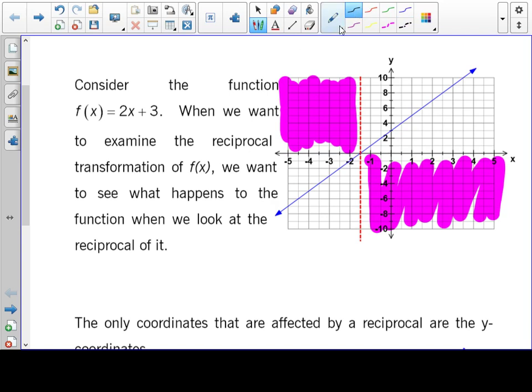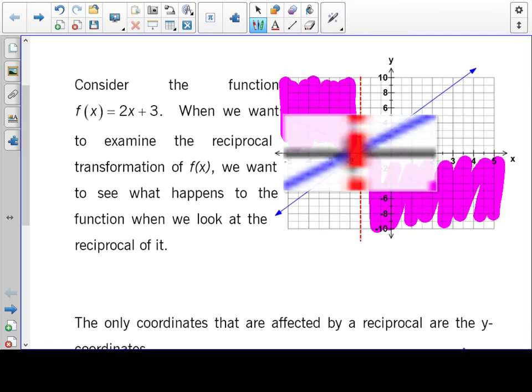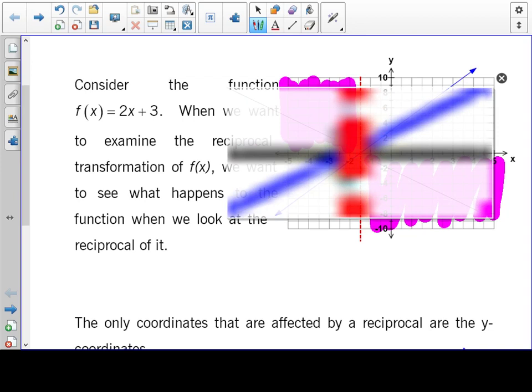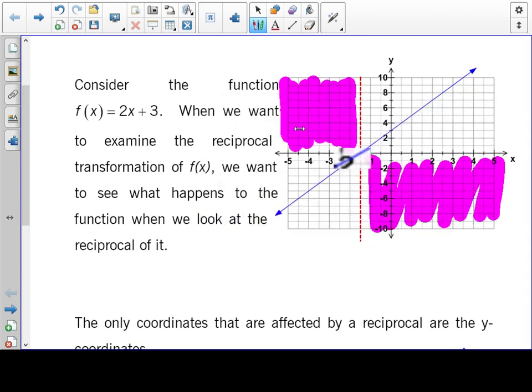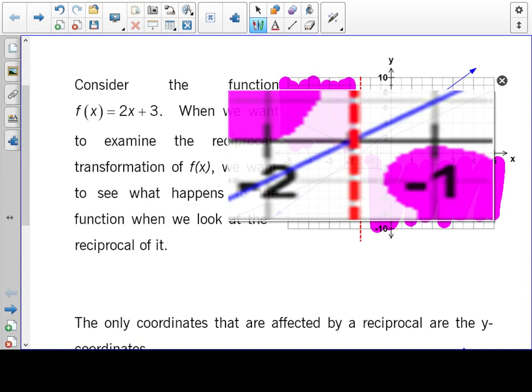So with that in mind, I want you to look at something with me here. Well, I wasn't trying to zoom in that much. Let me try that again, maybe a little bit bigger. Perfect.